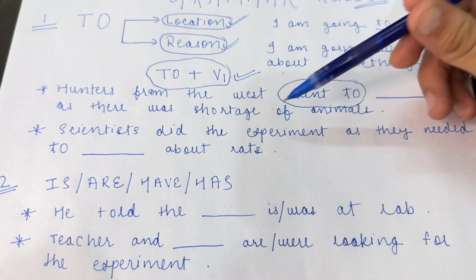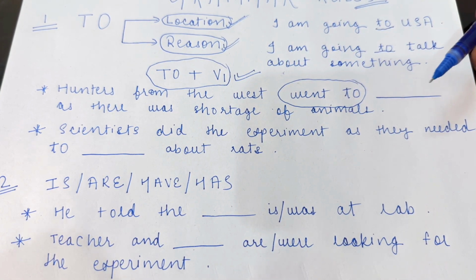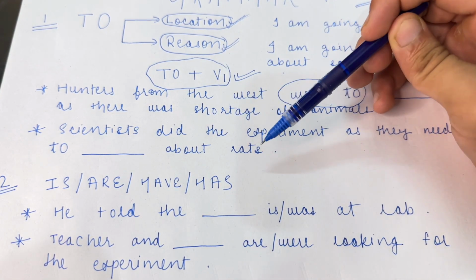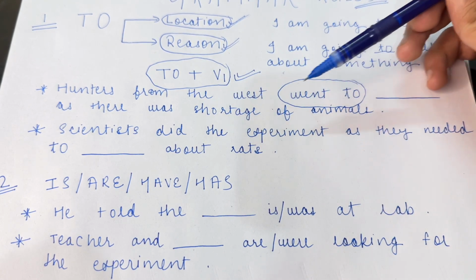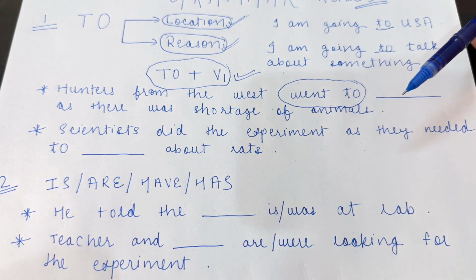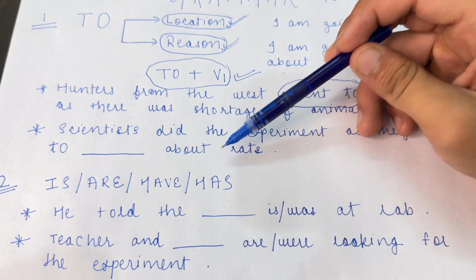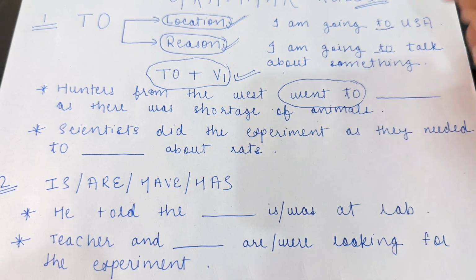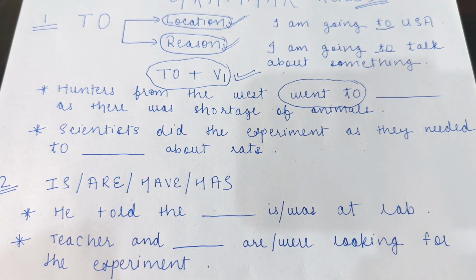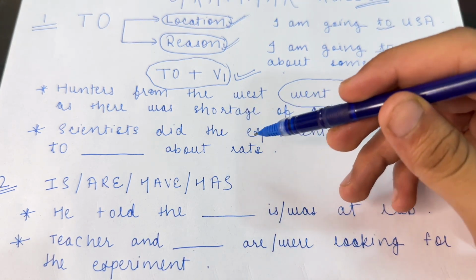Next: scientists did the experiment as they needed to dash about the rats. So what is it talking about? It is asking you a reason why the scientists did the experiment. They did it to dash about rats.